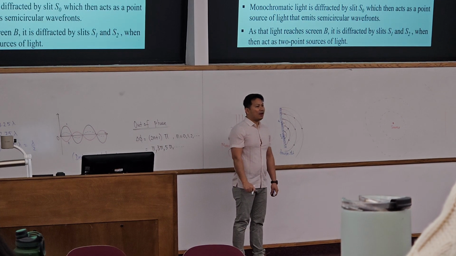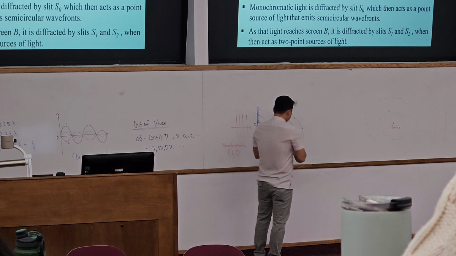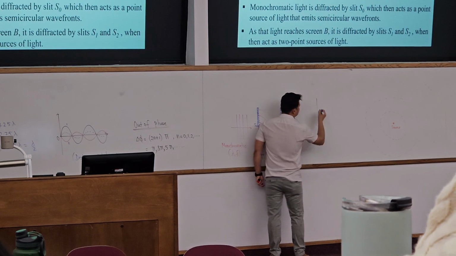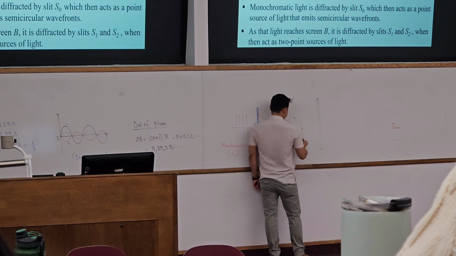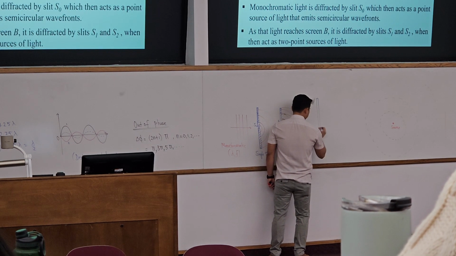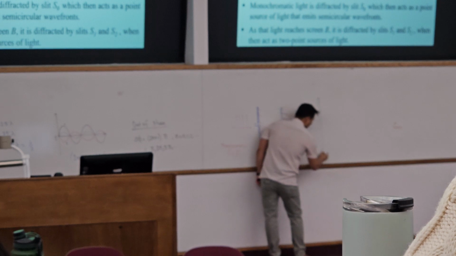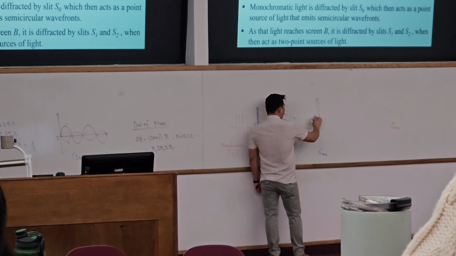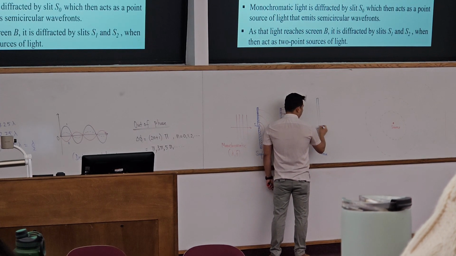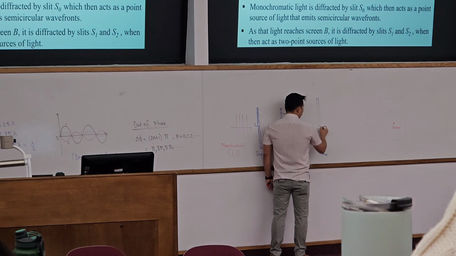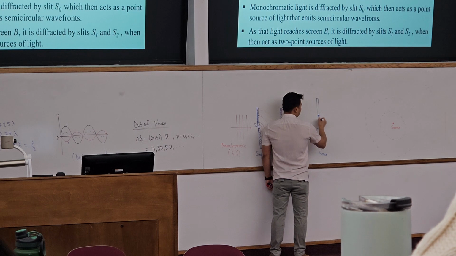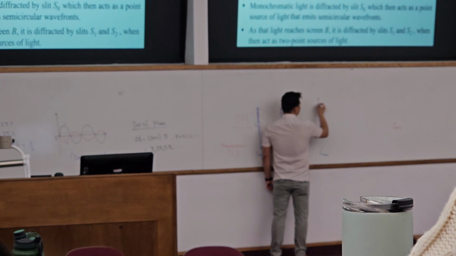Now, Thomas Young put a screen over here, like that. This is the center of the screen. This is the screen. Definitely light can pass through this one and they hit the screen. And he found alternate maxima and minima fringes on the screen.